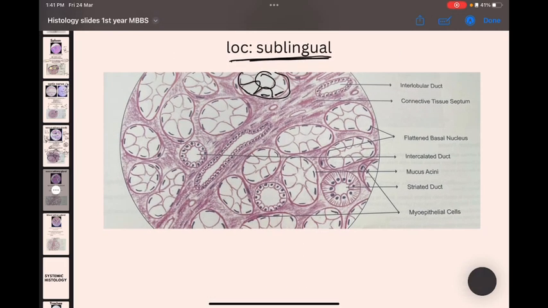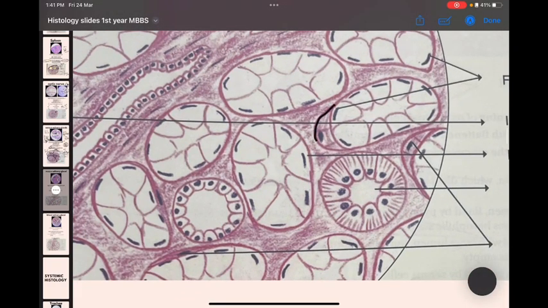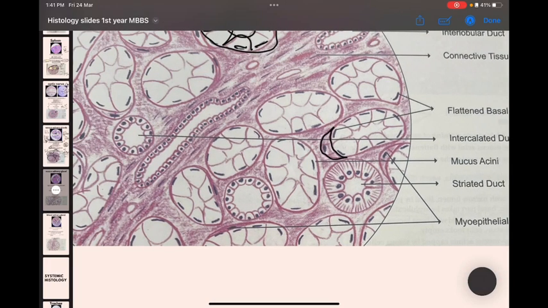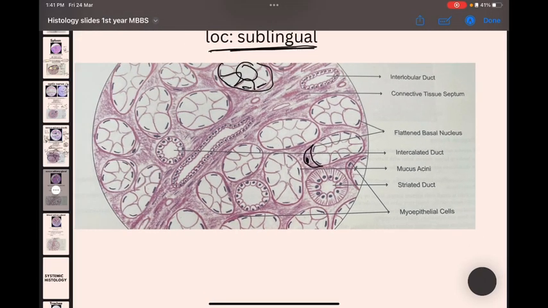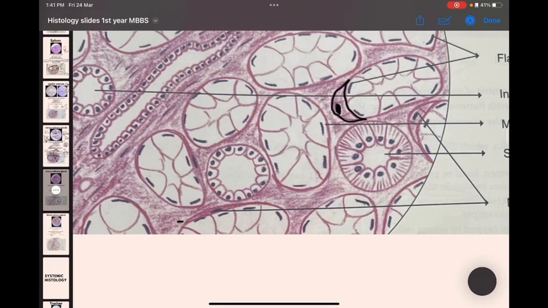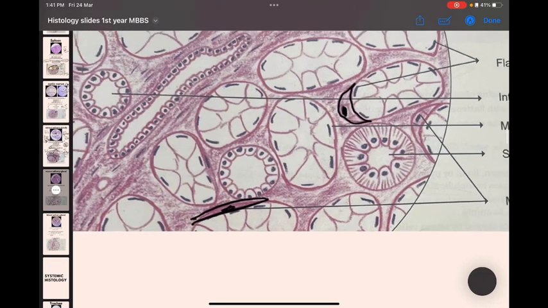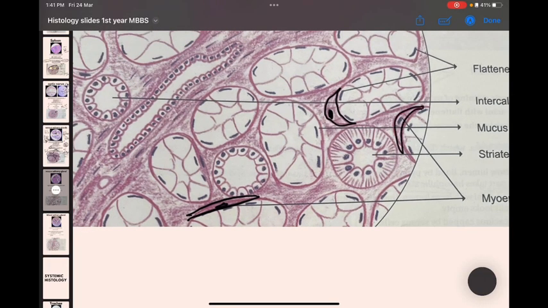That's all. Coming to this part, these cells over the acini are called the myoepithelial cells. Where is myoepithelial? Yeah, myoepithelial cells. Look at it. Myoepithelial cells.